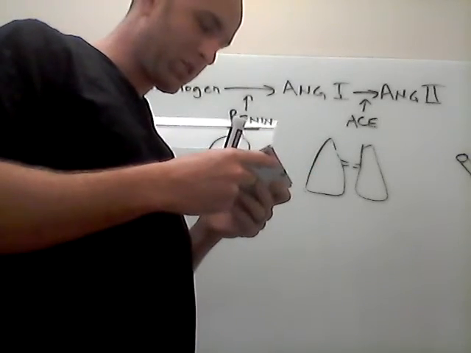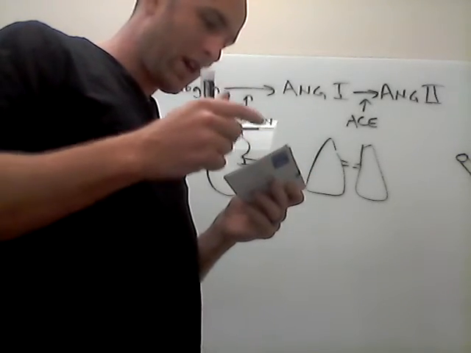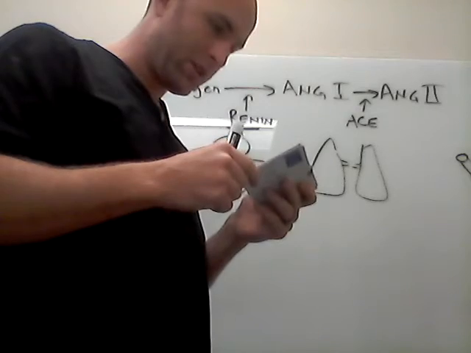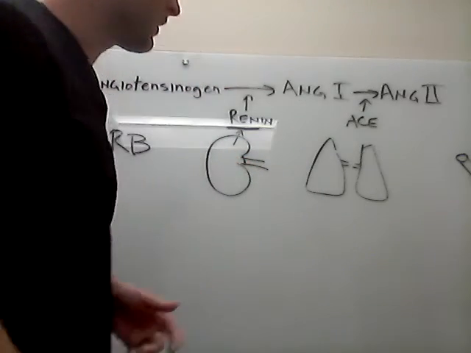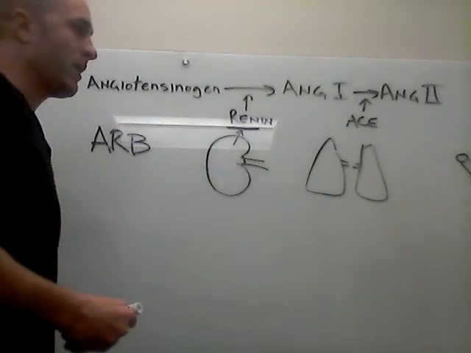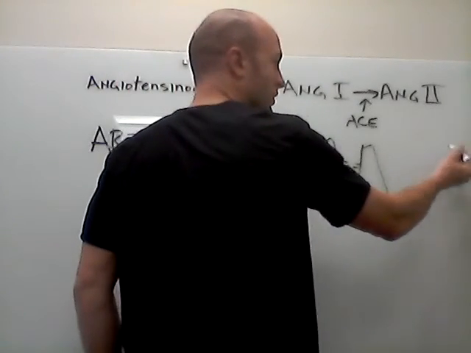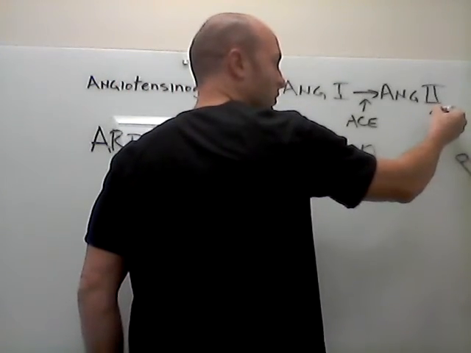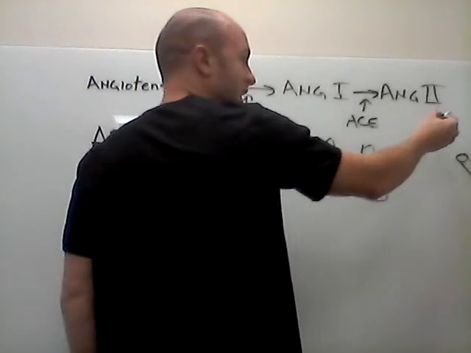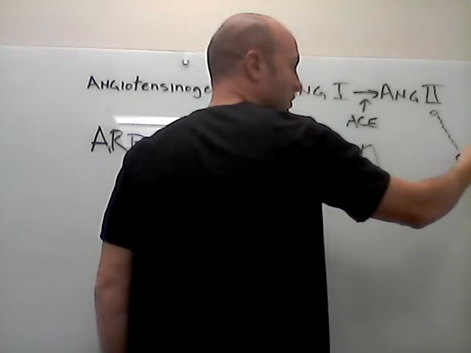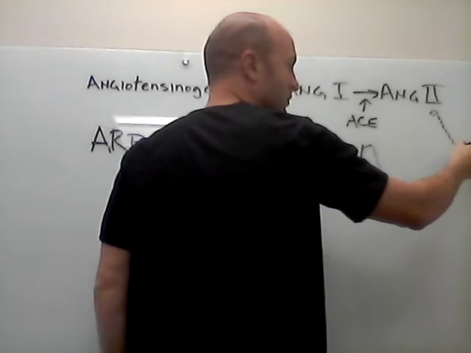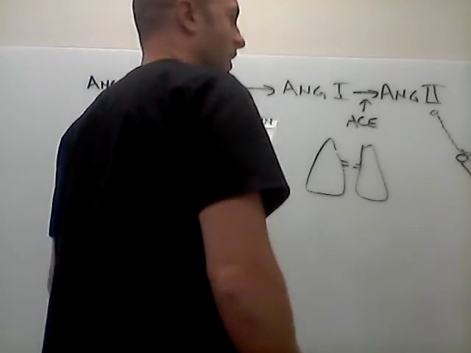So it says the receptors are located in vascular smooth muscle and stimulation. Okay, so yeah. So essentially what's happening here is that an ARB goes to the vasculature. Now this angiotensin, let's say it's a little molecule that looks like that. This goes down and it finds the vasculature and it binds to the receptors on these blood vessels.